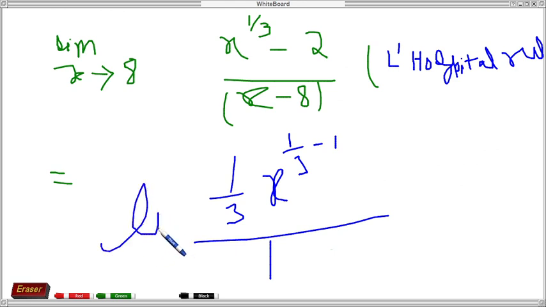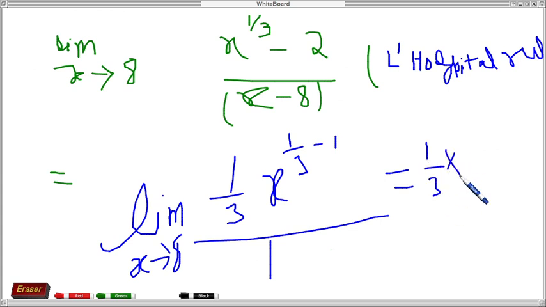Limit x tending to 8, so simply 1 by 3 cross x, which is 8, to the power 1 by 3 minus 1.